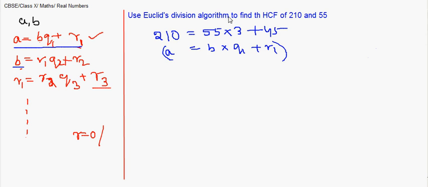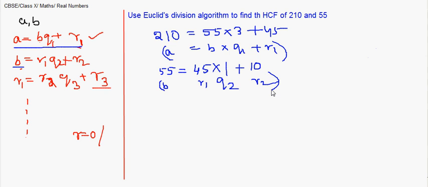Now the second step: you have to take up B. The B was given as 55. 55 will be expressed in terms of R1, so that is 45 into Q2, which will be 1, plus the remainder, this is R2. So I write it here: this is B, this is R1, this is Q2, and this is R2.